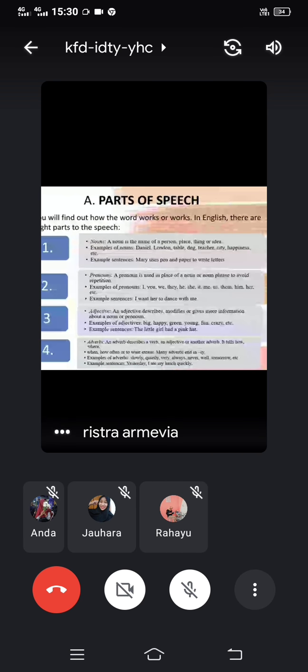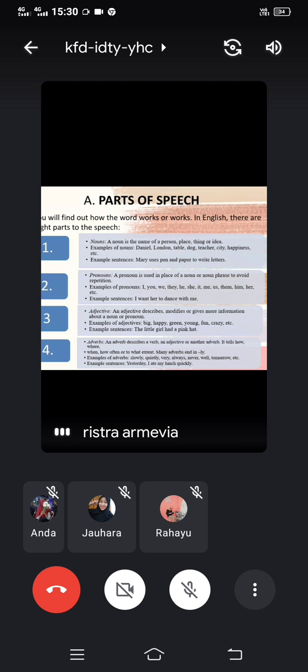Examples of nouns: Daniel, London, table, dog, teacher, city, happiness. Example sentence: Mary used pen and paper to write letters. Number 2, pronouns.